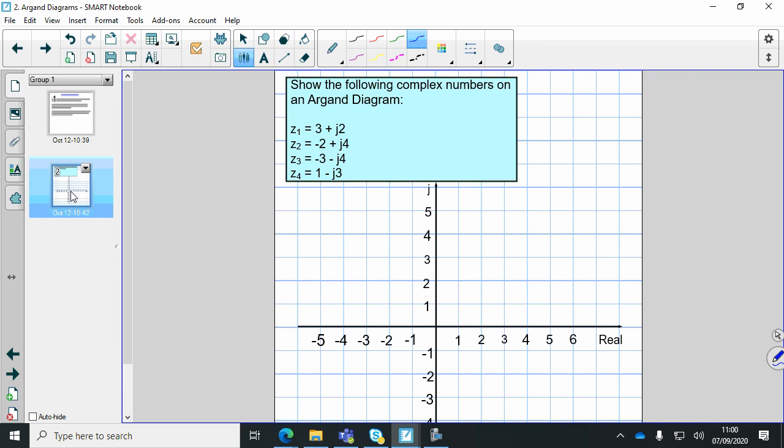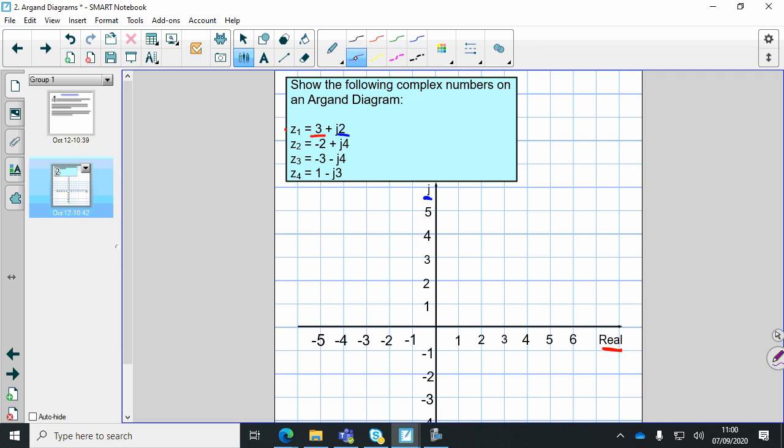You can see here that we've labelled this horizontal axis as the real part, and then we've labelled this vertical axis as the imaginary part, or J. Okay, so let's look at this first complex number here, Z1. The real part is 3, and the imaginary part is 2.